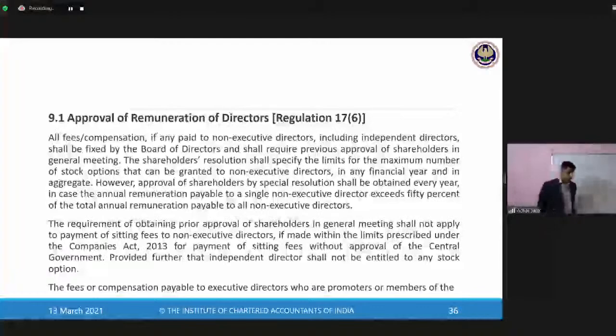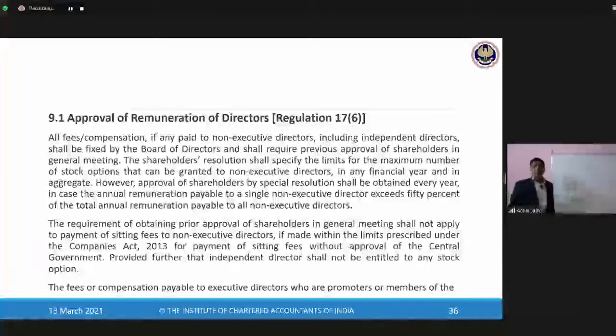So that means if all the non-executive directors, let's suppose, are getting 10 crore, out of which one non-executive director is getting, say, 6 crore, then this will require approval of the shareholders through special resolution. Why? Because this is really crossing the limits.